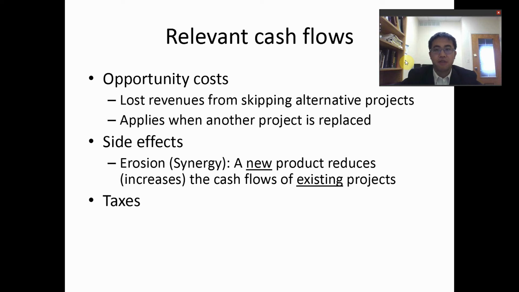For example, if Target opens another store by St. Xavier, which would conflict with its store on the 95th and 50th Avenue, since the two stores are too close, the cash flows of the existing store may suffer because of the establishment of the new store. That's called erosion, and it can also be called cannibalization.